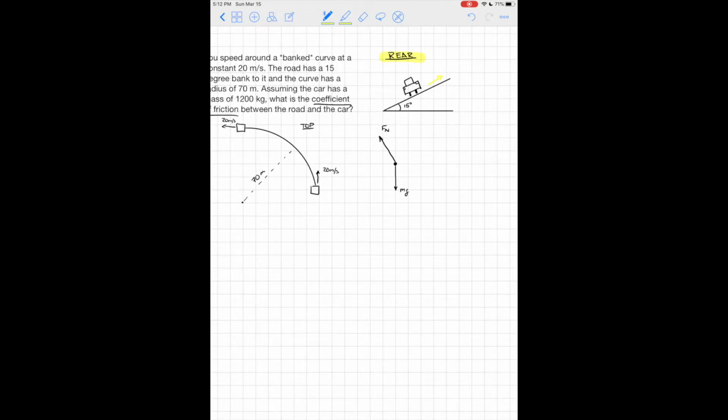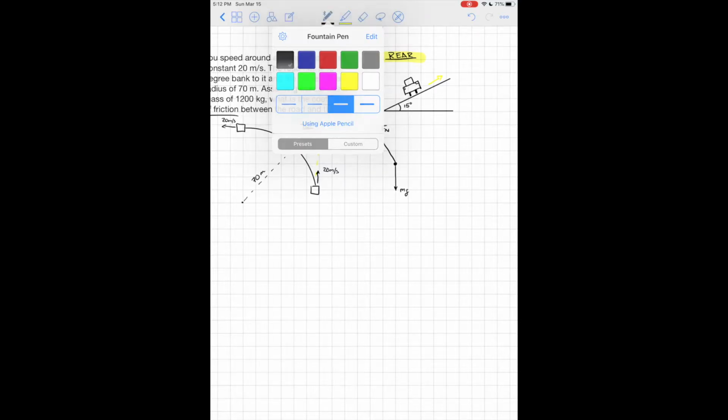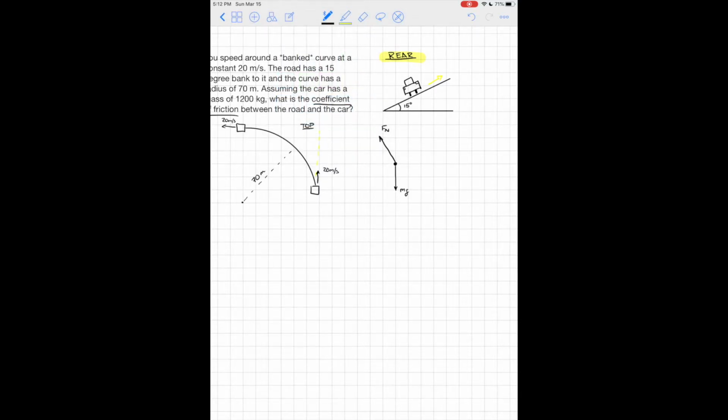I would want to drift out of my circle. Generally speaking, I don't fall into circles, I drift out of them. I want to go in straight lines, right? That would imply I have some friction pointing down my slope. It's keeping me in this.